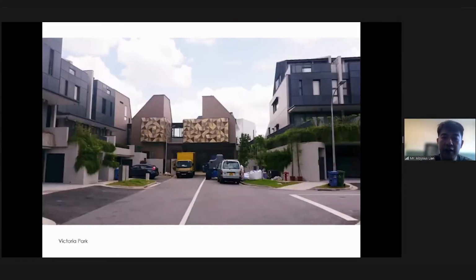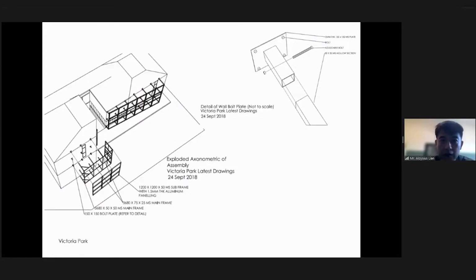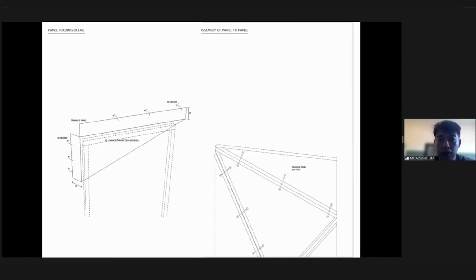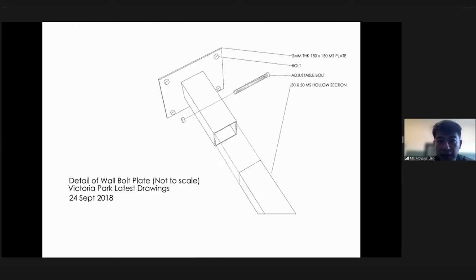Essentially, we use concepts of bent aluminum panels, laser cutting, prefabrication and ease of assembly. Again, this set of drawings is generated by the computer. We do not need any manual drafting. This is how it's assembled.